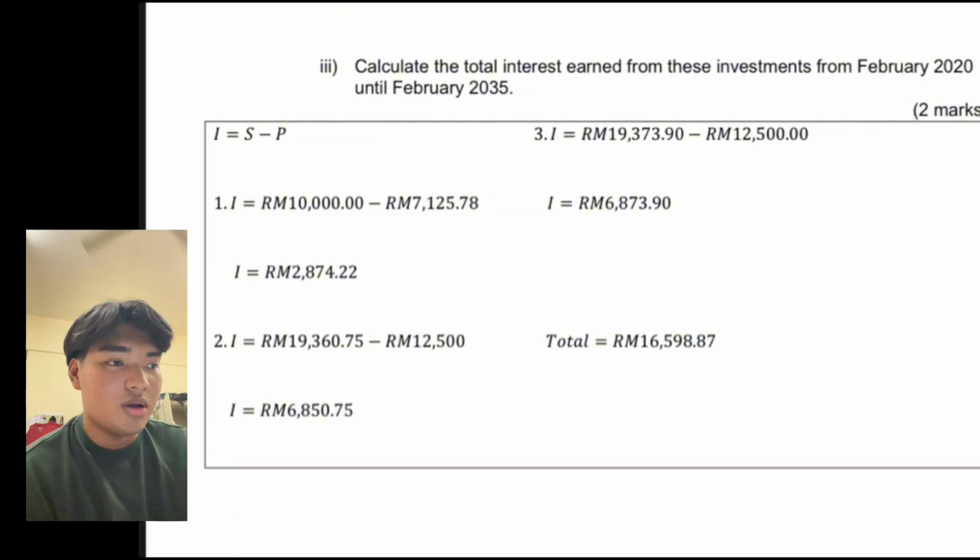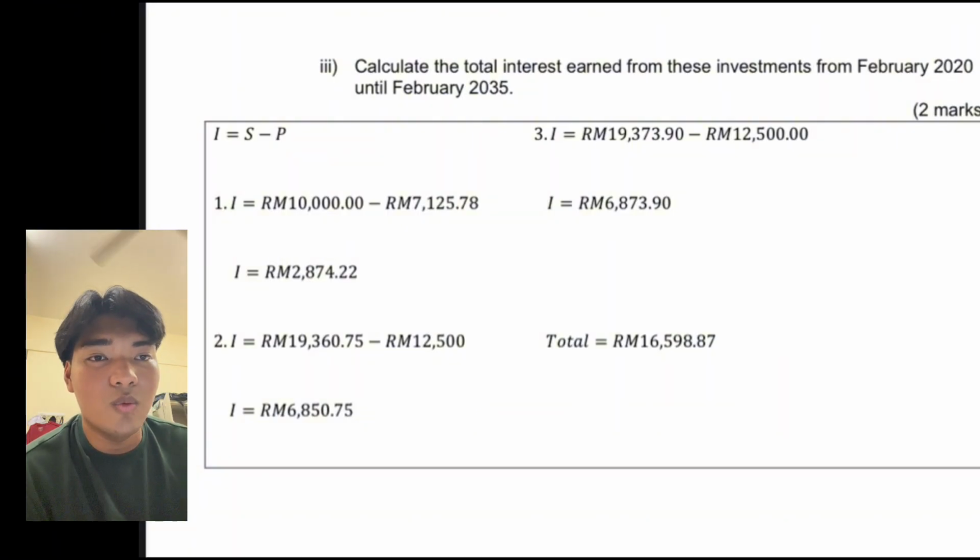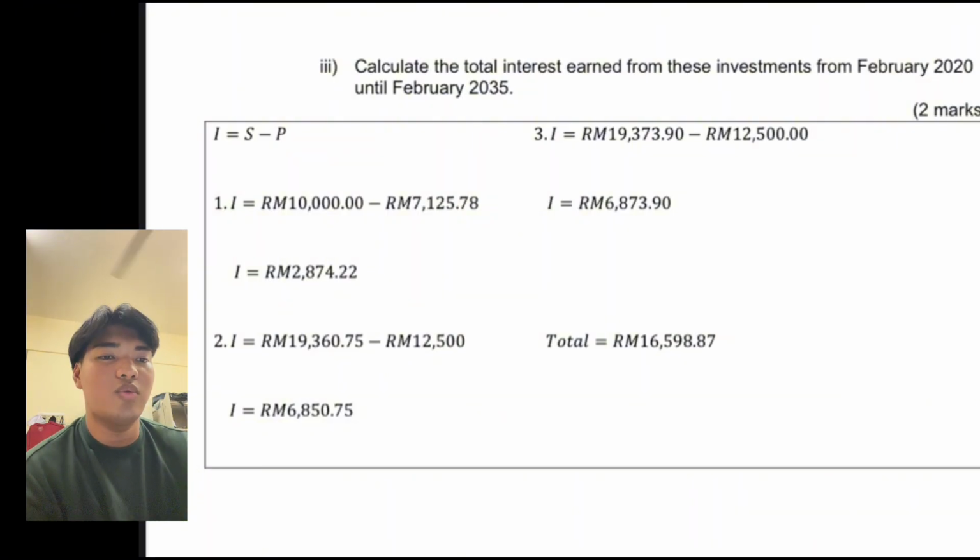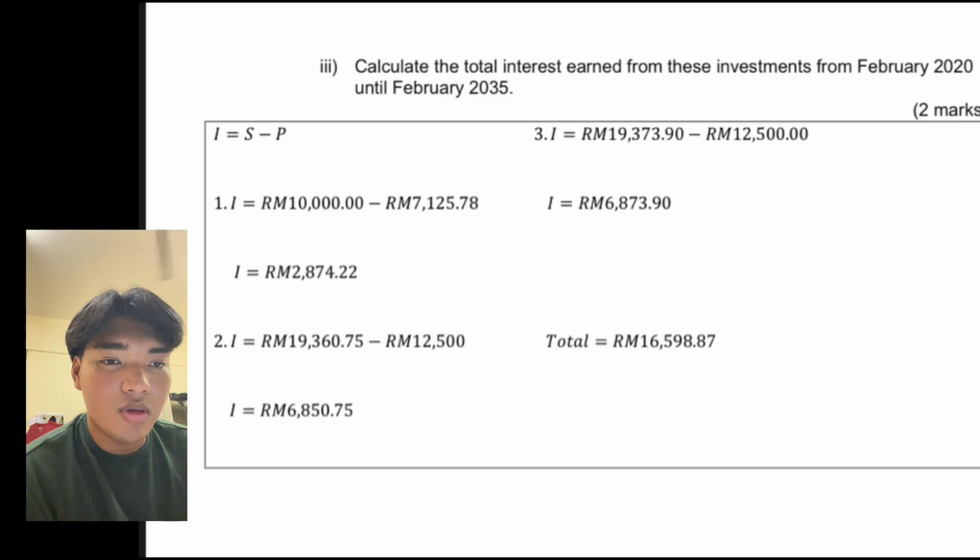So the formula that we are using is I equal to S minus P. So number 1, the calculation is I equal to 10,000 minus 7,125.78, which comes to I equal to 2,874.22. Sorry.